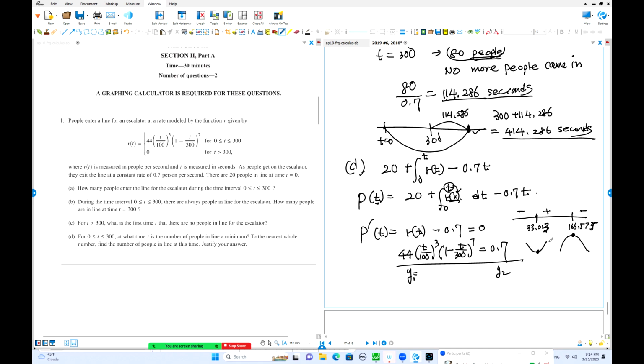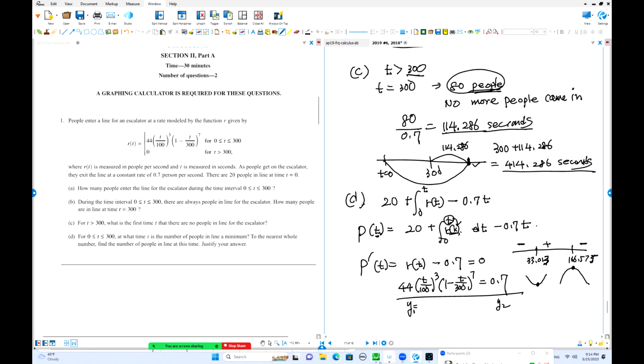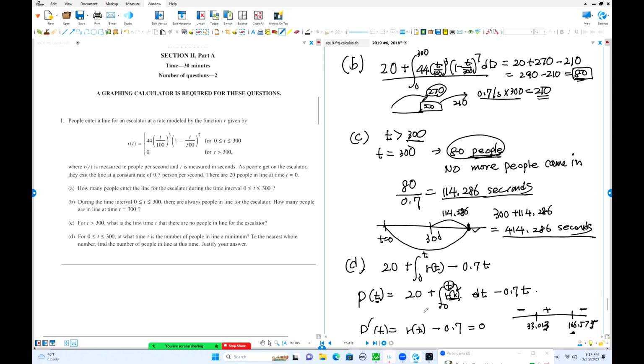Okay, now let's find it anyway. At time 33, this is the minimum. Put this number 33.013. Where is the number of people over here? Are you okay with this? Can you see the equation over here? We're going to put this number here. Okay, a lot of work.